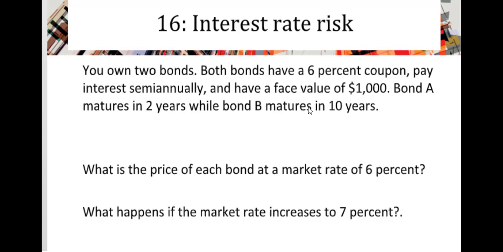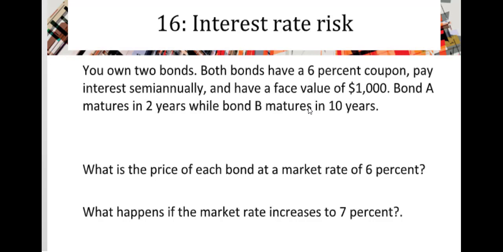Okay, so we are trying to find out which bond is more sensitive to interest rate. In the first case, consider the price of a bond at a market rate of 6%. Here, the yield to maturity of the bond is 6%, which equals the coupon rate.